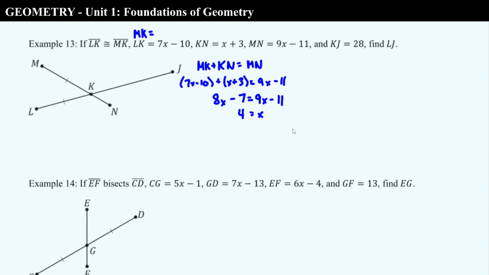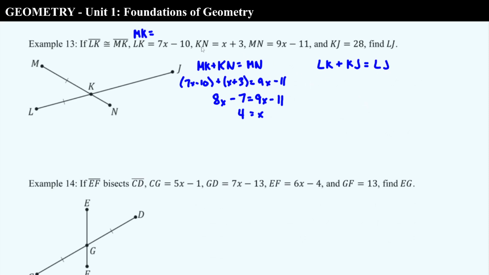So now that we have that piece of information, let's move on to finding what LJ is. Okay, so we know LK, we're given that. We know what KJ is. We need to find LJ. Again, segment addition postulate is what we're going to use. So LK plus KJ equals LJ.